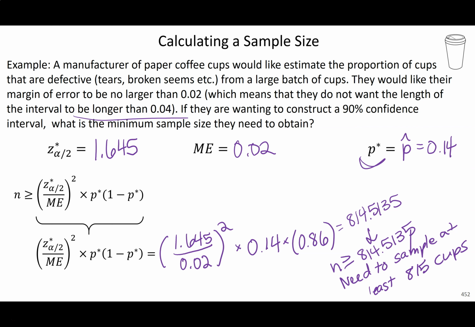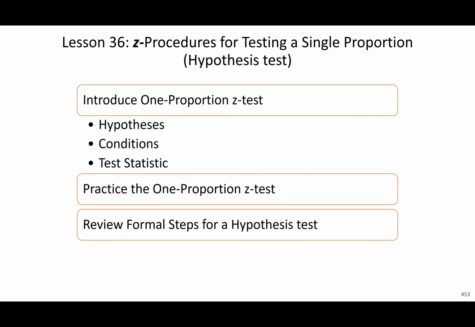One way to think about it, you can't sample 814.5 cups, right? You have to sample a whole number. And if you sample 814 cups, it's not quite enough. So you have to round up. Even if I had 814.1, I would have to round up to 815. That's how the sample size rounding works. So that's lesson 35. And we're going to go on to doing a hypothesis test for proportion.